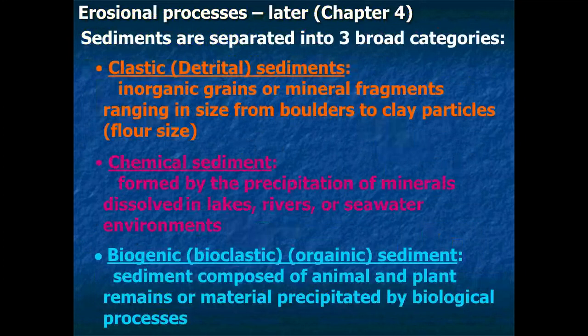So to kind of review, detrital sediments are inorganic grains. Chemical sediments are precipitated minerals. Then the last category at the bottom of your screen represents what we call biogenic. Sometimes they use the word bioclastic, and I think the modern word is organic sediment. So biogenic, bioclastic, and organic are all the same terms.